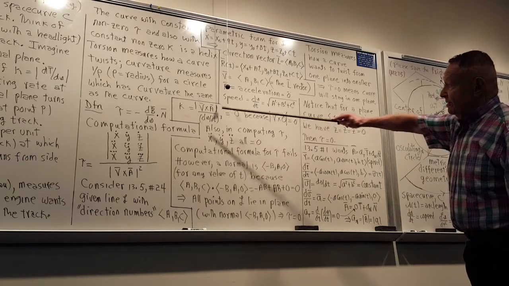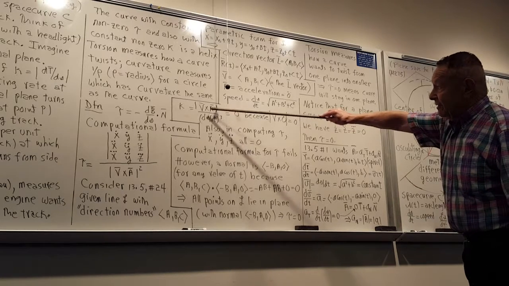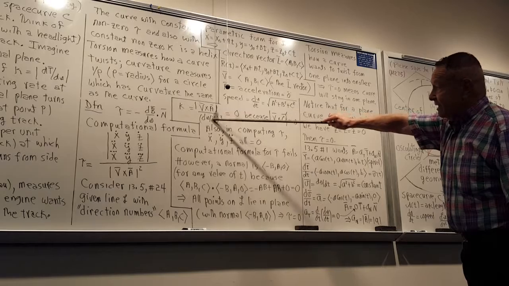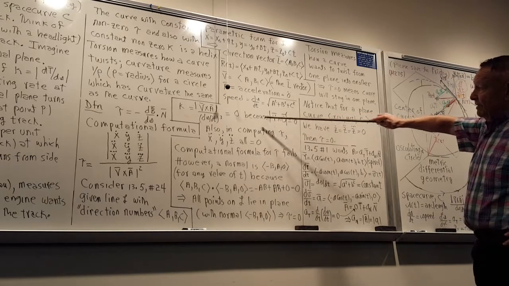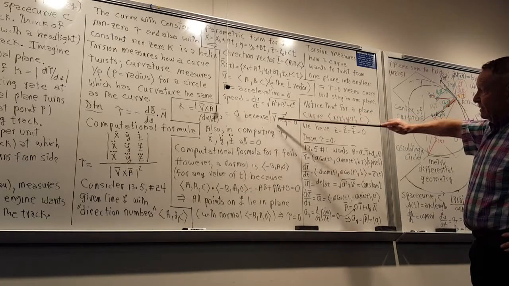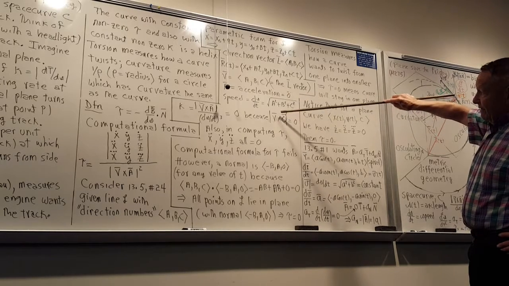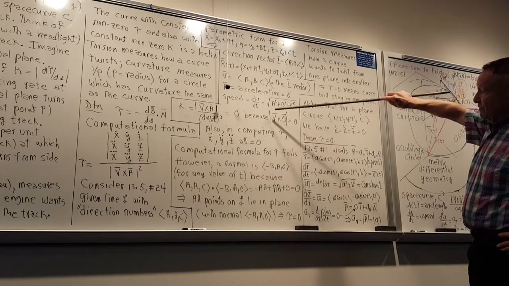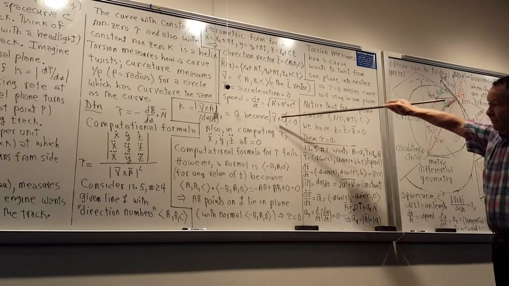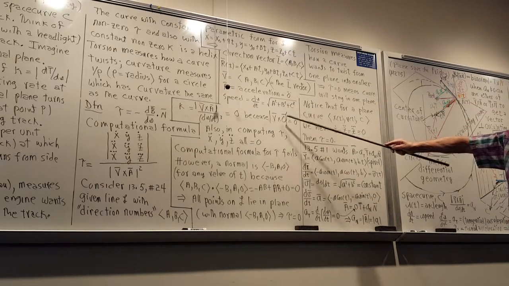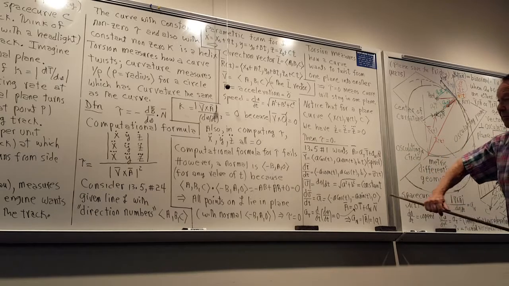So then your curvature, V cross A over speed cubed, will be 0 because your acceleration is 0, and when you do a cross product, you have the product of the magnitudes, and that magnitude is 0.